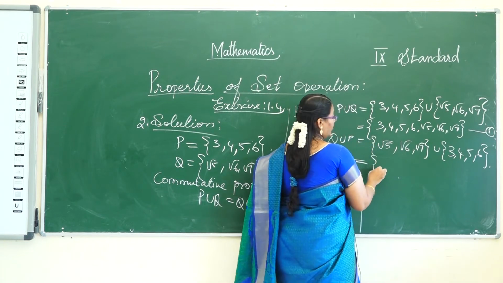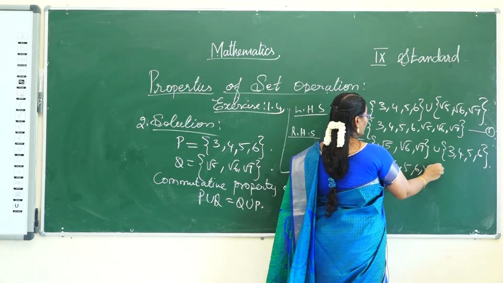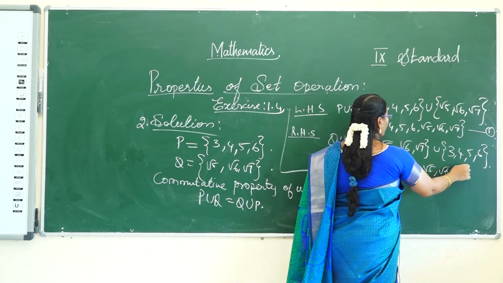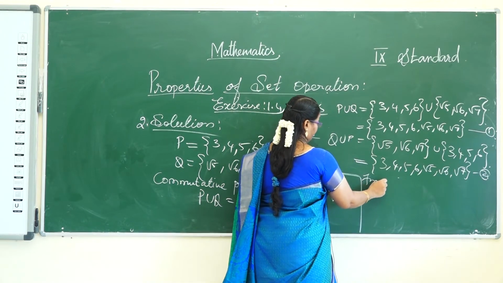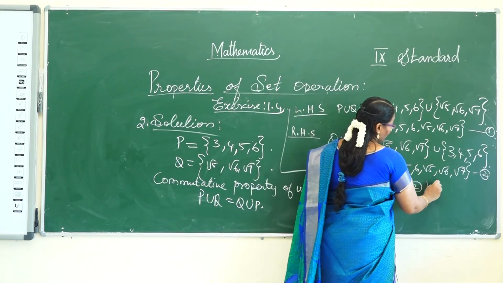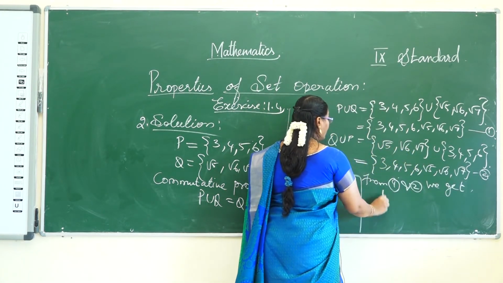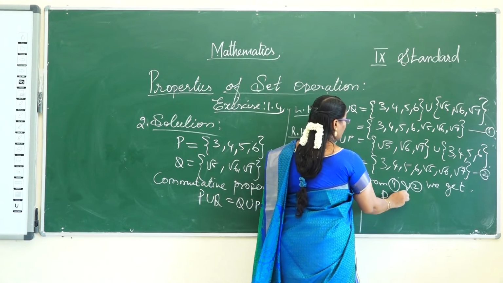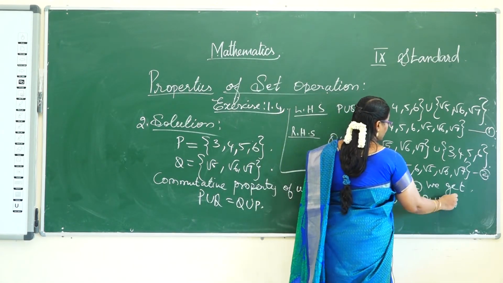Join all the elements: 3, 4, 5, 6, root 5, root 6, root 7. So from 1 and 2 we get P union Q is equal to Q union P, verified.